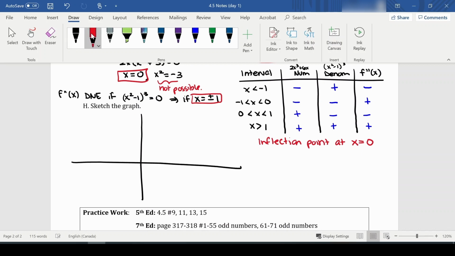Okay. So we said we had an asymptote at y equals 0. We had an asymptote at x equals -1 and x equals 1. We had our intercept at the origin.